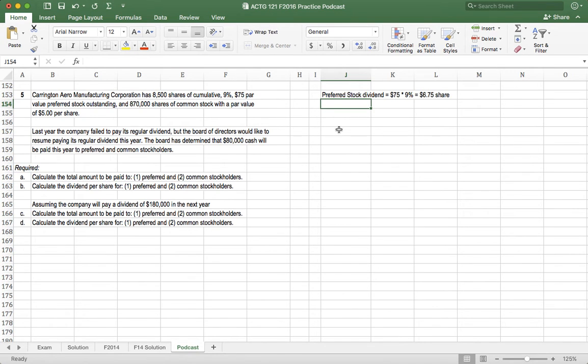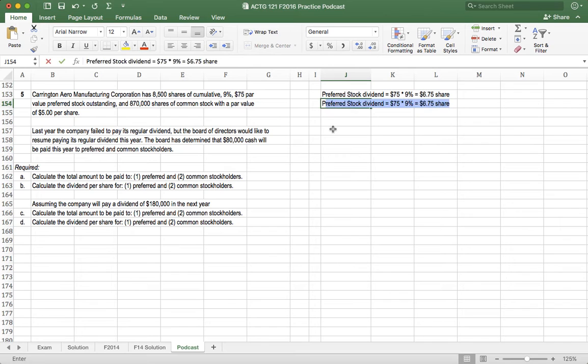To determine how much total dividend, let's change that to total, is the per share amount multiplied by the number of shares outstanding. So for preferred stock, it's 8,500 shares. So the total dividend is $54,000. So that's the obligation the company owes preferred stockholders.